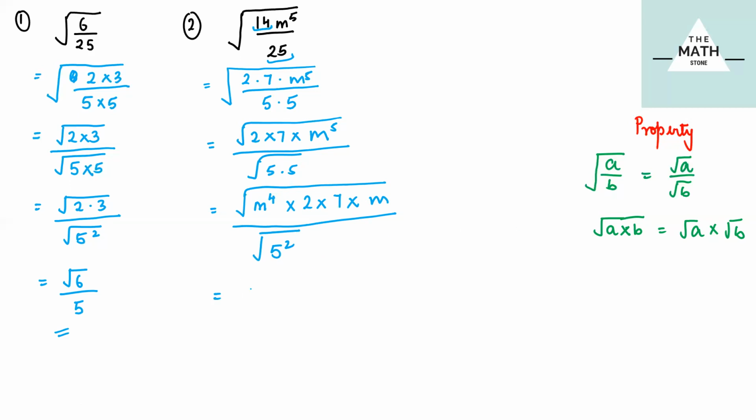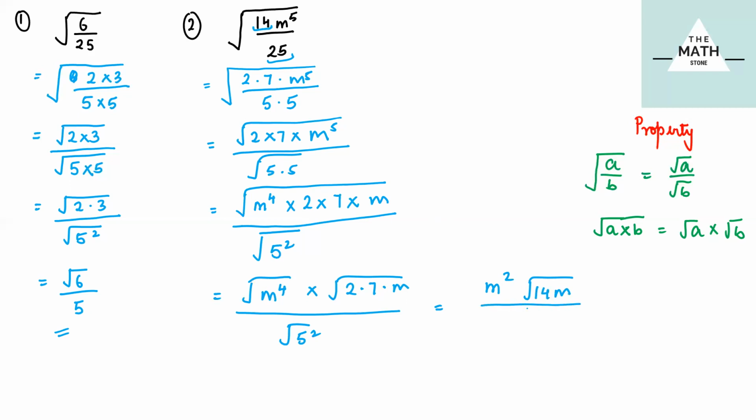So this will come out of the square root: m raised to 4 becomes m squared, times square root of 2 times 7 times m, over 5. Then 2 times 7 is 14, so you get m squared times square root of 14m over 5. Okay, let's do one last problem.